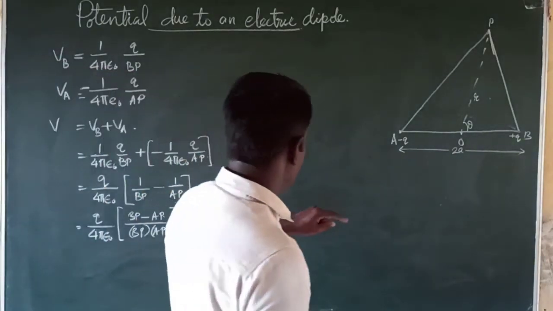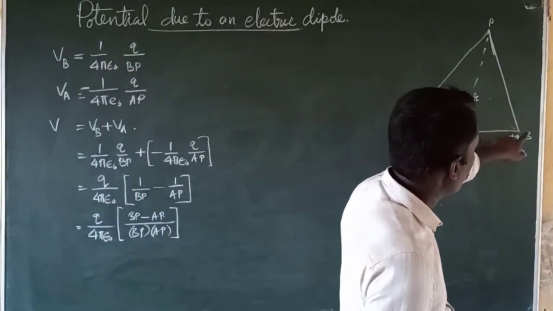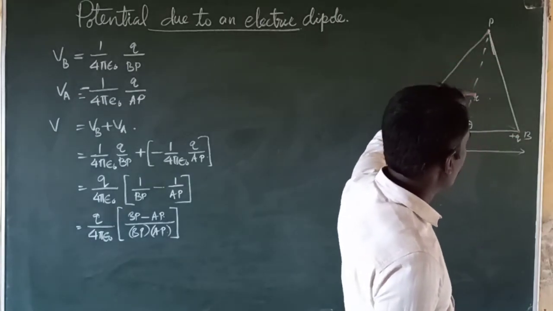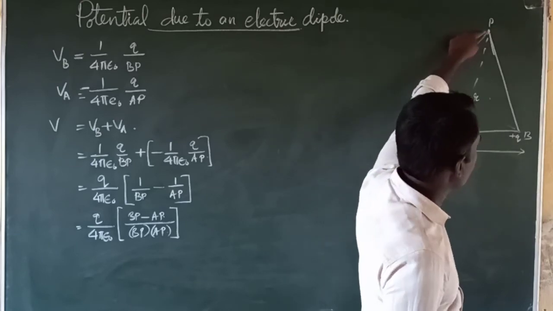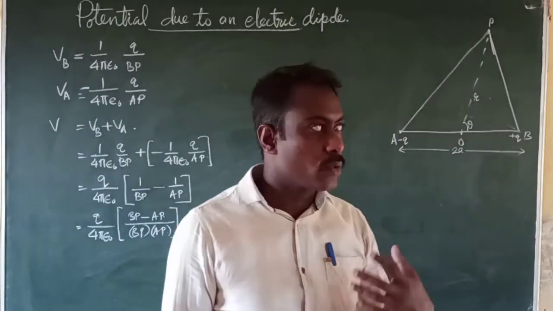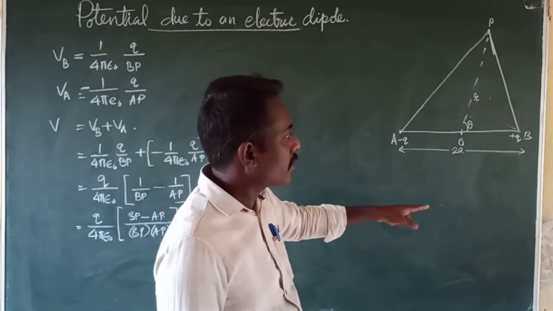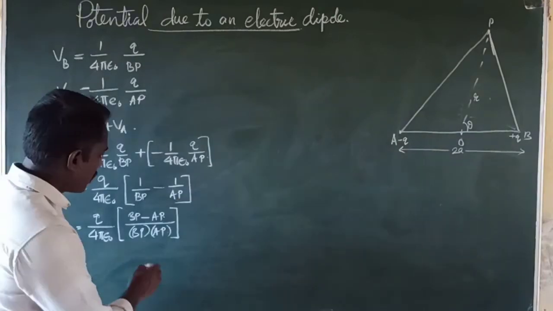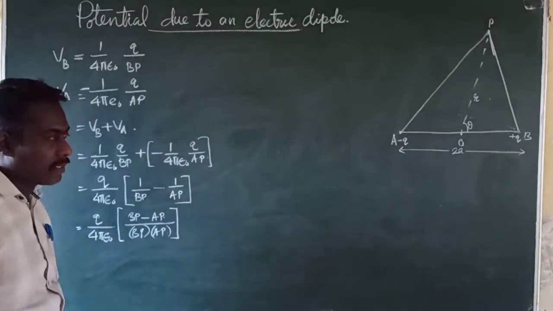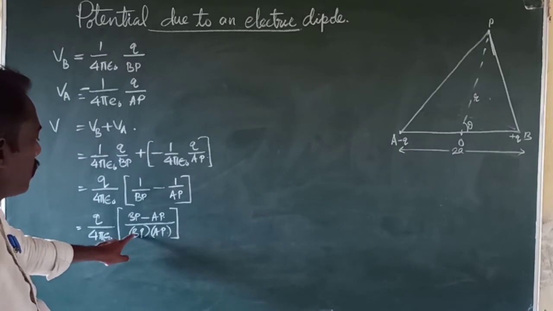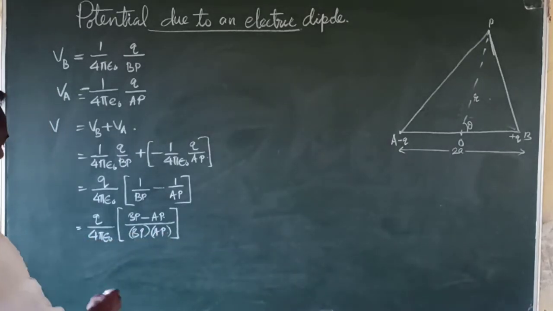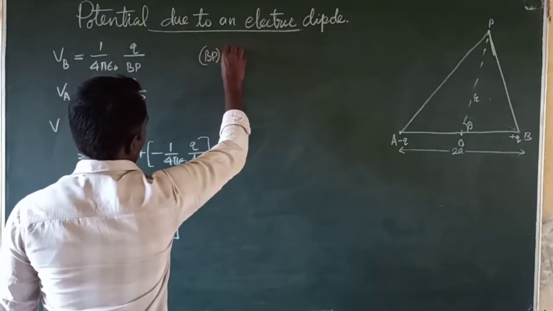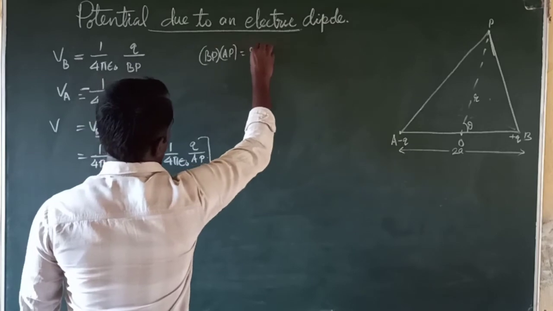From the figure itself we can understand that the distance BP is slightly less than R and the distance AP is slightly greater than R. Also consider that the distance R is much greater than A. So BP into AP can be written as R square.